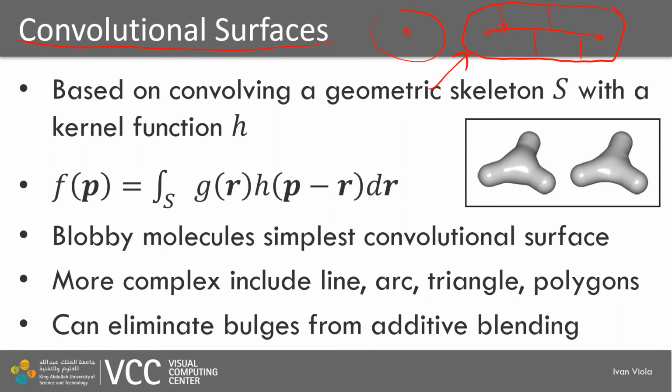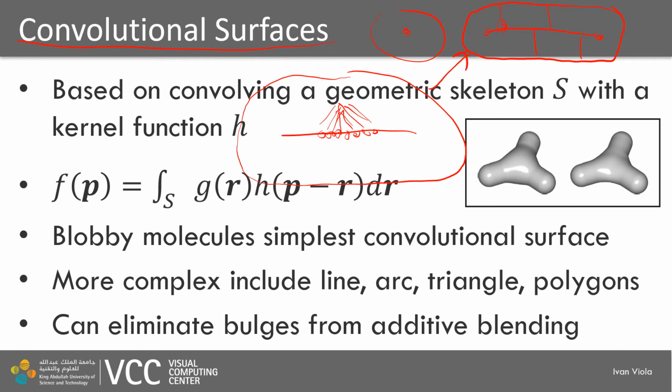However, in convolutional surfaces, if we have a certain line, then one point is defining a certain value of the potential field, and its neighbors as well. So we will have a certain potential field defined by all these elements, which will then be summed up. So we will have a reasonably, a little bit larger offset because of these contributions.